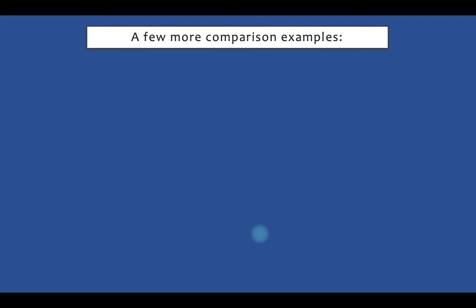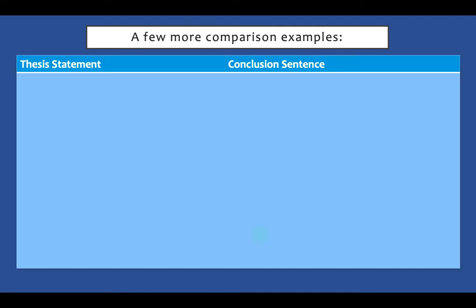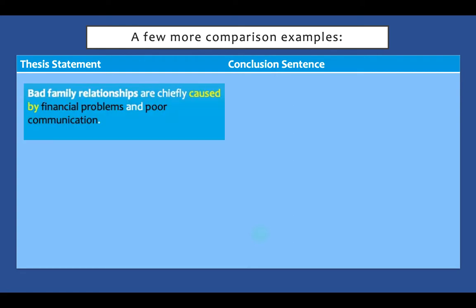Let's look at a few more examples of thesis statements and concluding sentences. A thesis statement: bad family relationships are chiefly caused by financial problems and poor communication. Notice that I have the topic in bold and the subtopics in black, and the essay type is here in yellow.